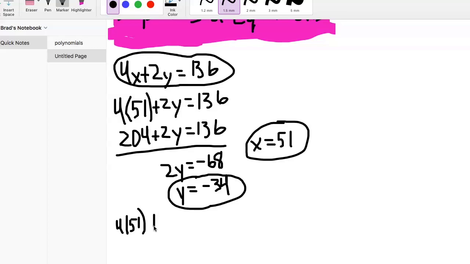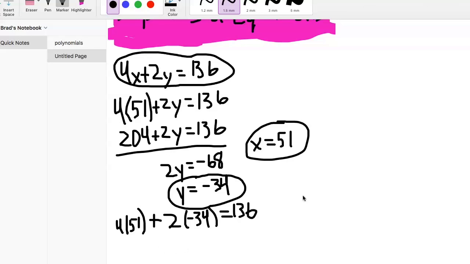So 4 times 51, which we just did, plus 2 times our y, negative 34, should equal 136. This is just testing out our math, making sure we did it right.